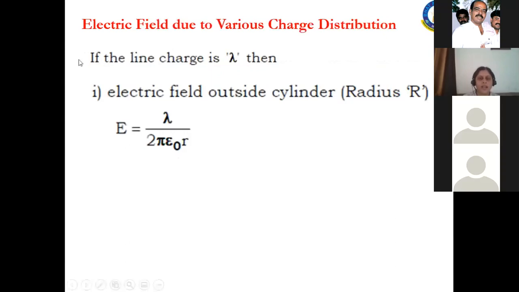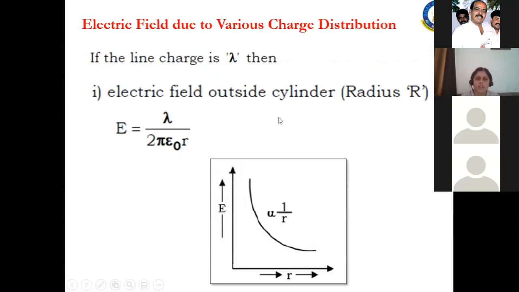Now we'll look at the electric field due to various charge distributions. Generally we will need different objects like a long conducting wire, a cylinder, a sphere, a hollow sphere, or a ring. When the questions come, they will ask what is the electric field or electric potential on a particular object of a particular shape, a hollow sphere or a cylinder, like that.